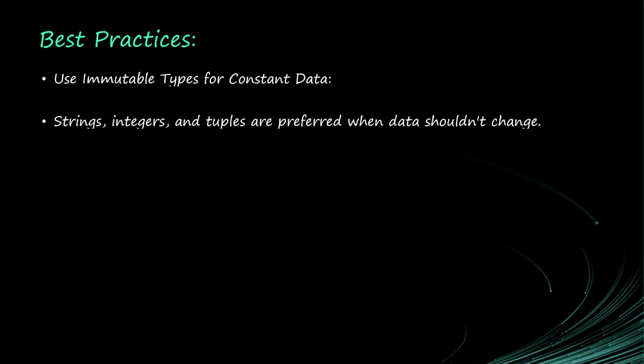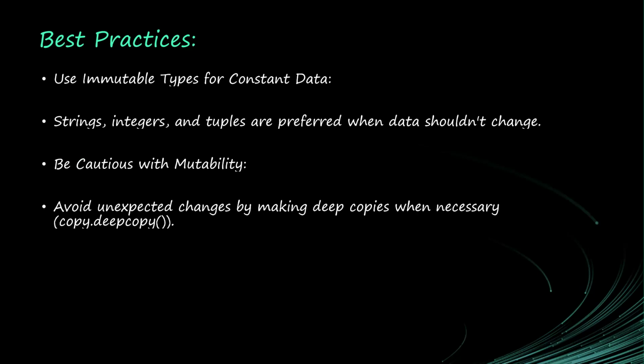Be cautious with mutability, especially when you're assigning a reference type to another reference type, because any changes you make to the other one will be affected. So avoid unexpected changes by making deep copies when necessary.